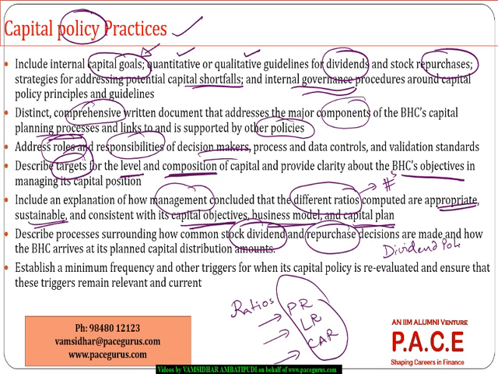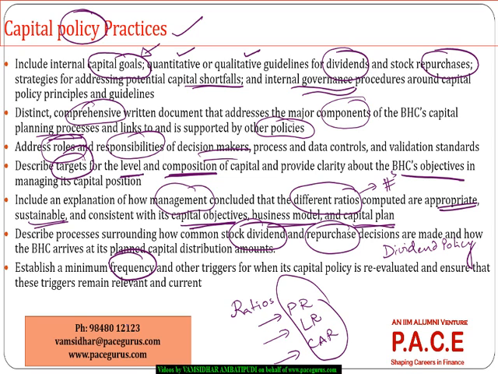Okay. Then along with that, there should be a very clear-cut process which talks about how frequently the capital policy is reviewed. Right? Is it quarterly? Is it every month? Is it six monthly? How frequently is the capital policy reviewed?